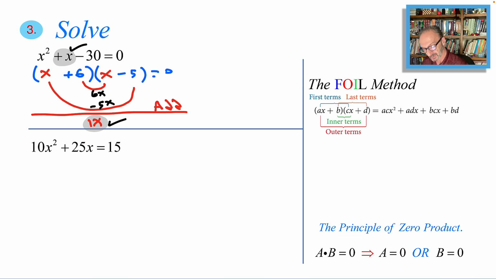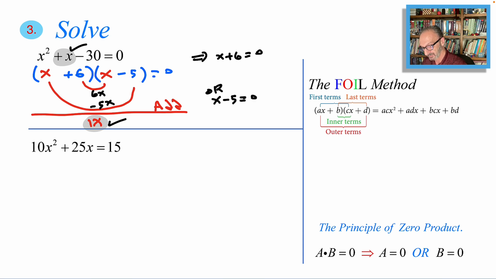With the principle of zero product, we could apply it, and we see that that implies either x plus 6 equals 0 or x minus 5 equals 0.